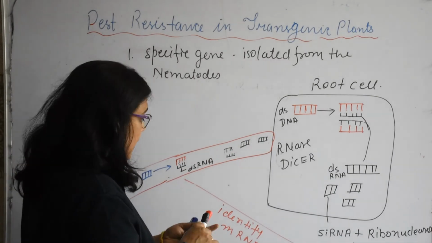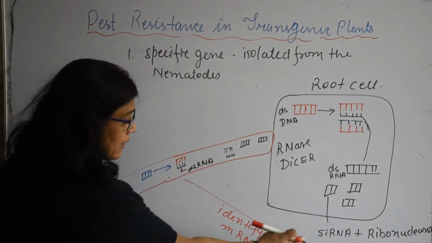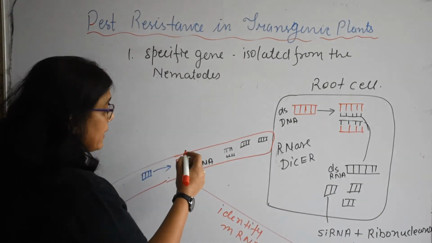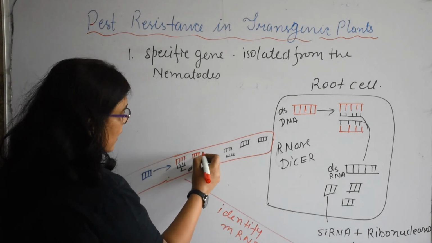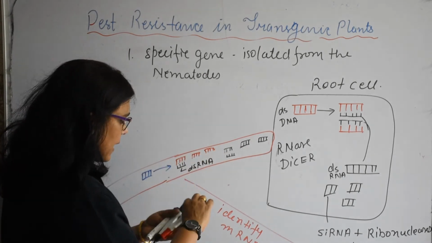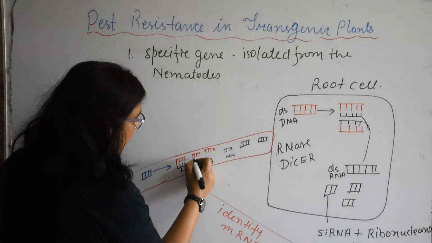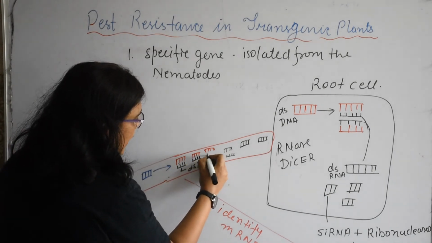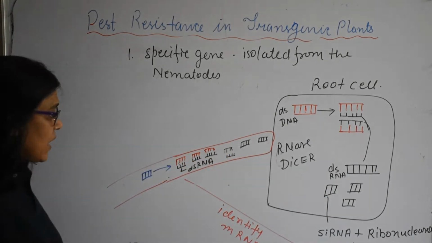So as I told you, the RISC will break the messenger RNA into small fragments, and the small interfering RNA will bind and destroy the messenger RNA.